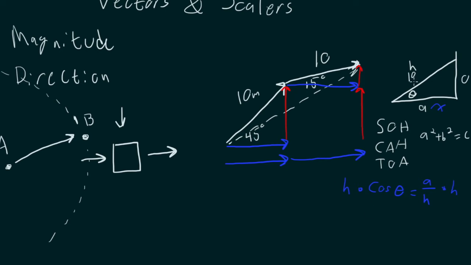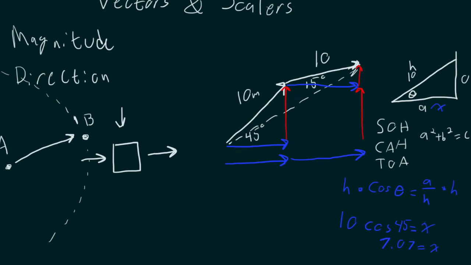Well, I just said the hypotenuse was 10, so I can do 10 times the cosine of my angle, and this first one is 45, equals my x coordinate. Okay, let's do that. And that's going to give me 7.07 equals x.